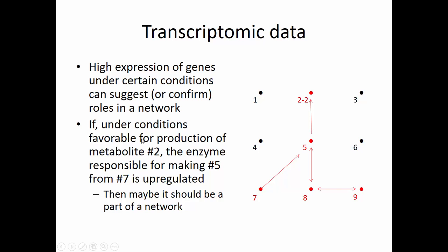So if under conditions favorable for the production of metabolite 2 or favorable for the utilization of metabolite 9, the enzyme responsible for making number 5 from number 7 is upregulated, then maybe it should be a part of the network because you're feeding into 5, which eventually feeds into our product, the product we care about, metabolite number 2.